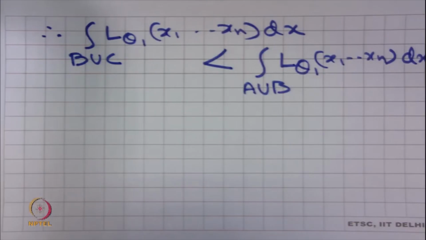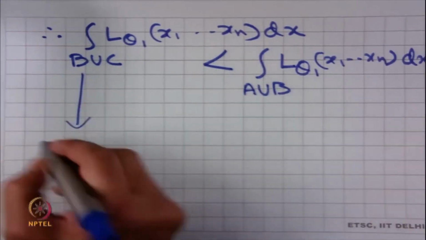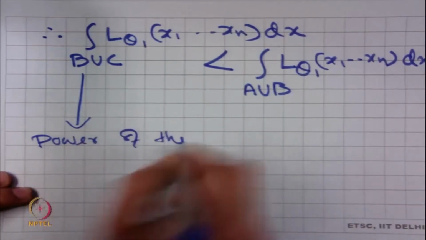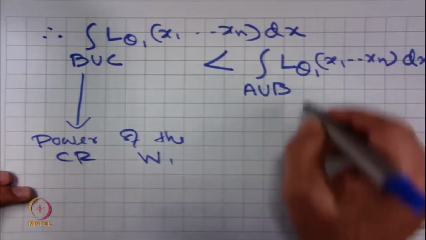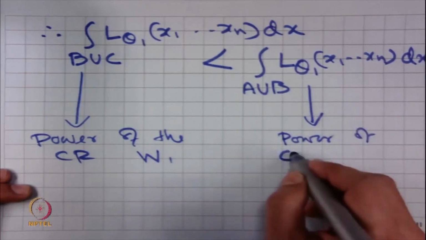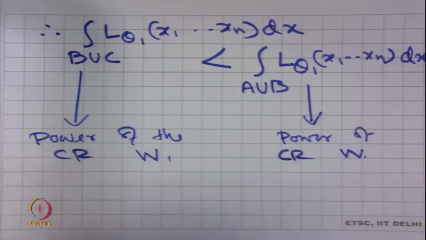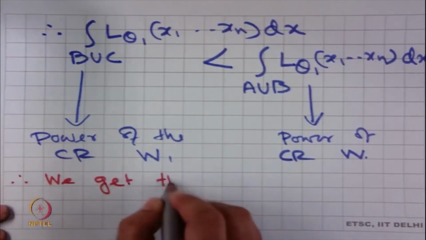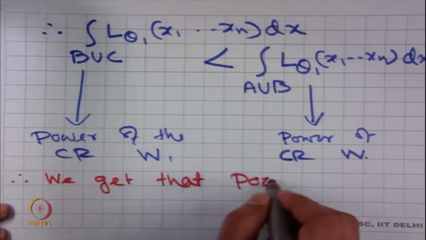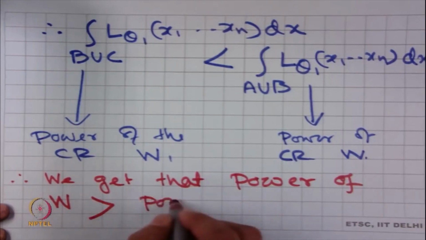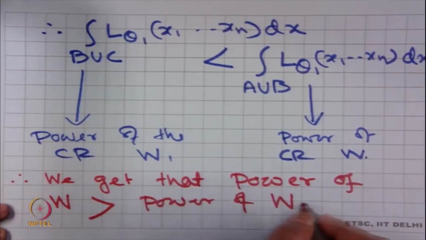And by definition we know this is the power of the critical region W1 and this is the power of critical region W. Therefore, we get that power of W is greater than power of W1.